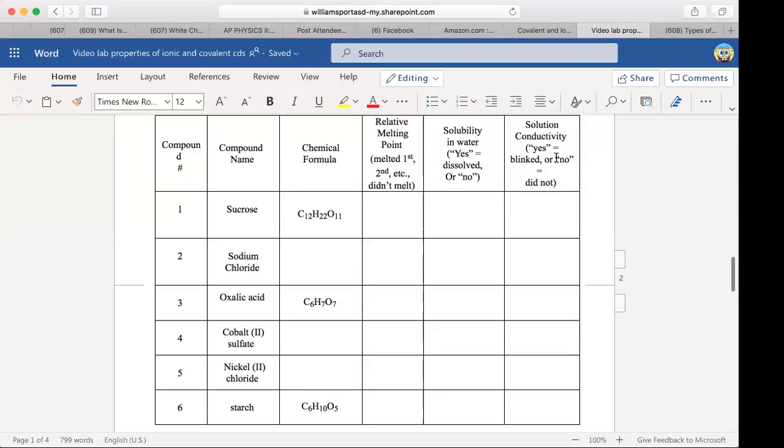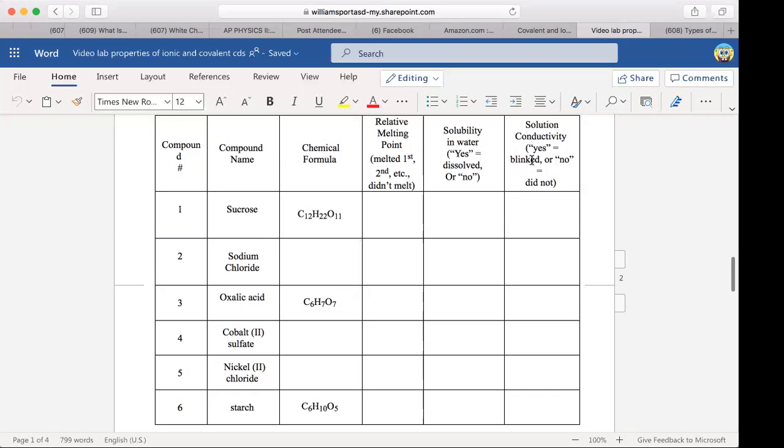But when water becomes an electrolytic solution, in other words, when you put stuff into water that can make it conduct electricity, then solutions of water can be electrical conductors. So in this lab, the different compounds are placed into water, and then the demonstrator shows you whether or not it conducts electricity.